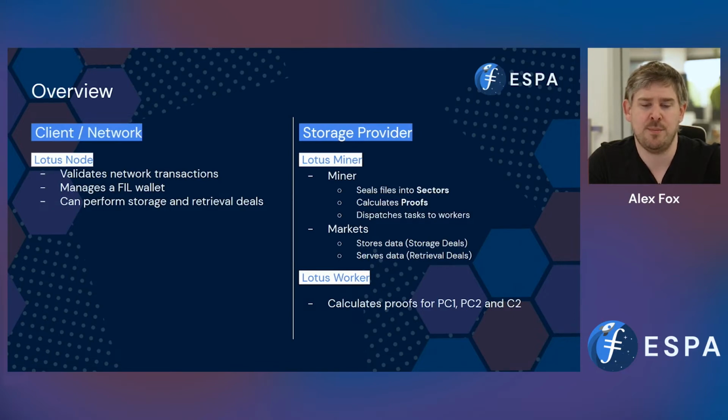It just keeps things separate, means we can have those separate processes running the best they can and not interfering with each other. So depending on requirements, maybe we're not looking to accept that many deals. Maybe one machine makes sense and we're just saving money, or maybe we want to accept a lot of deals. We split it out to multiple powerful servers. So one or two machines generally for miner and markets.